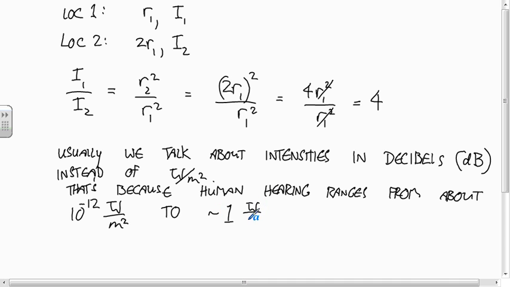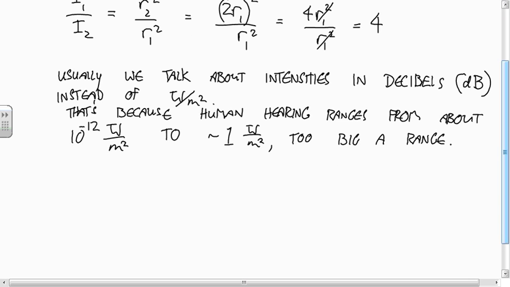And that's just a huge range. It's cumbersome to use a mathematical range that big. So we use decibels instead, which range for us from low numbers, 5, 1, whatever decibels, up to 100 or 150 or something. It's a more manageable range of numbers to deal with.